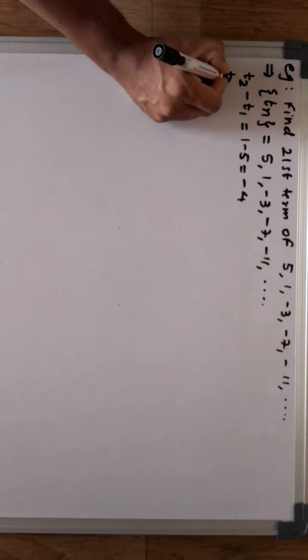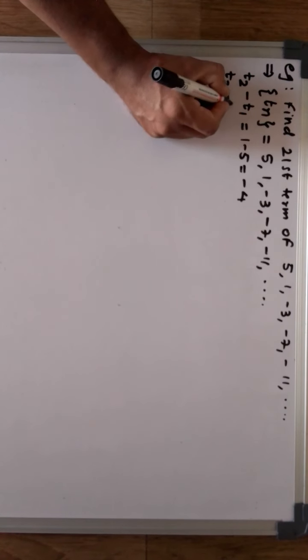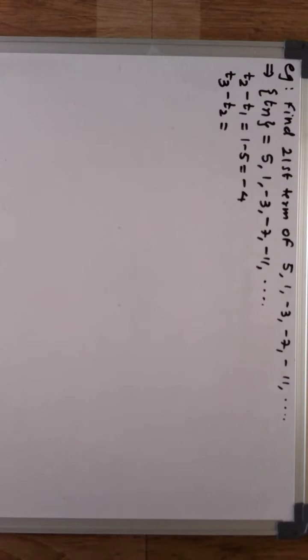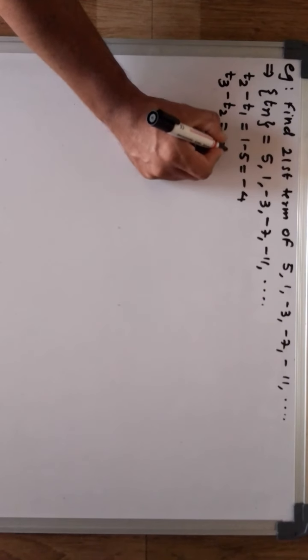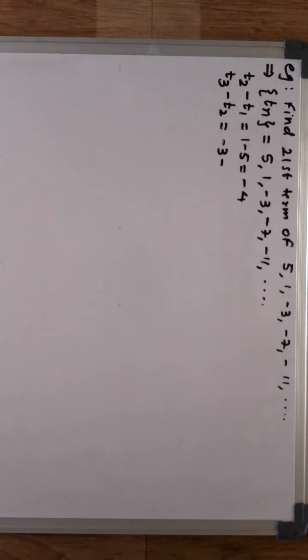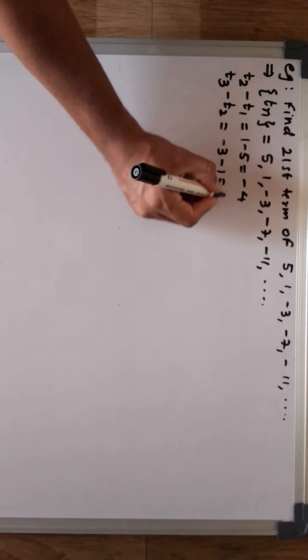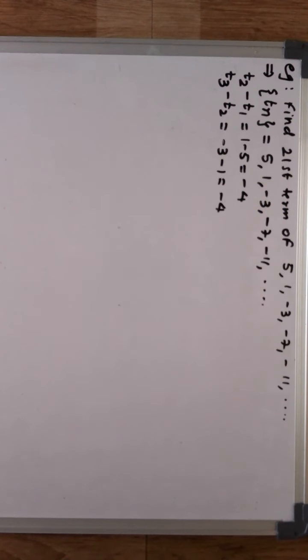Then I will find T3 minus T2, that is minus 3 minus 1, which is minus 4. So I find the difference of any term to its previous term is the same.